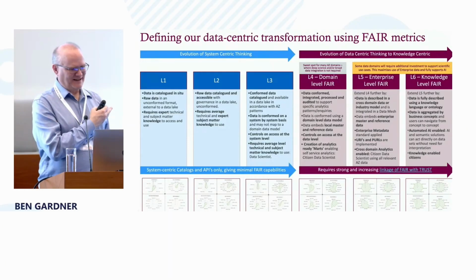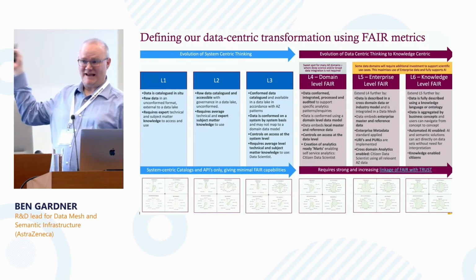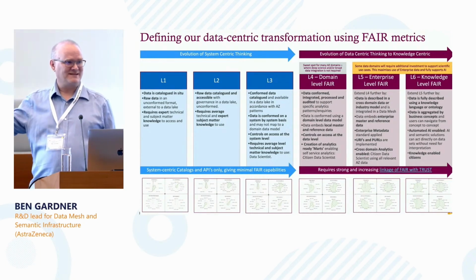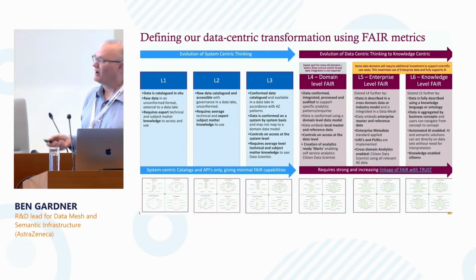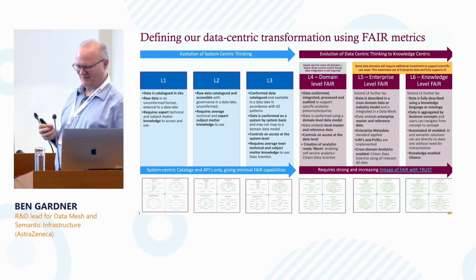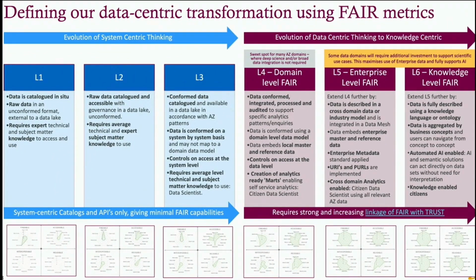This slide, I'm not going to read through any of the text on it. I'm sure it'll be shared afterwards and you can look at it. Really all I'm saying is that the blue ones are system-centric FAIR. And the idea here was to start to introduce the idea that there could be different degrees of fairness.